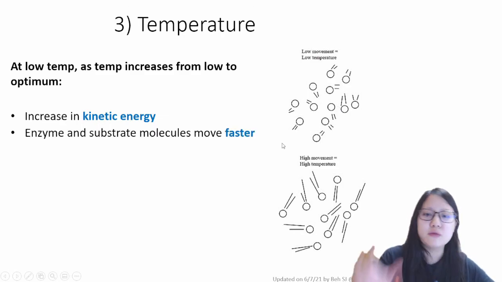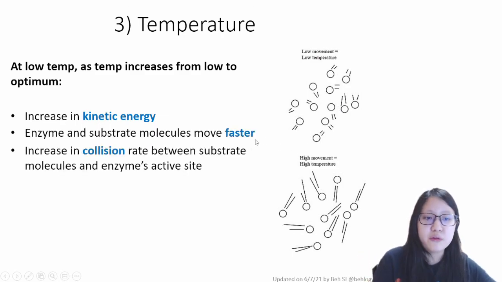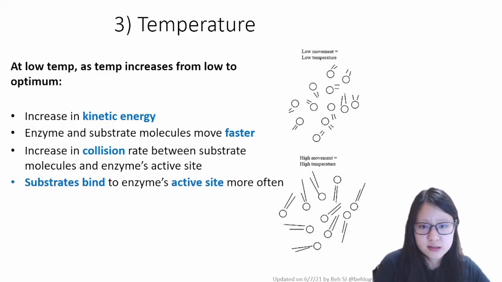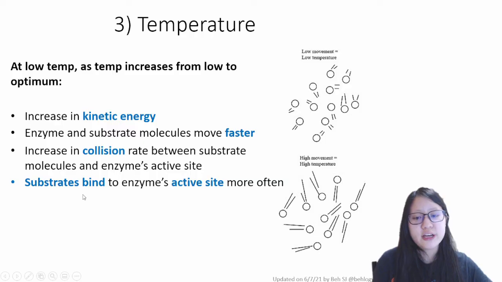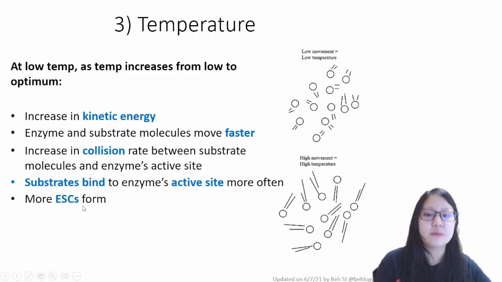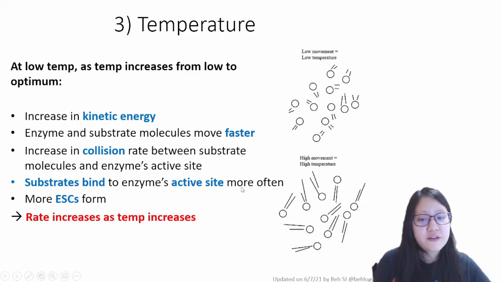At high temperature, it moves kind of fast. Therefore, there's an increase in collisions, and substrates can bind to active sites more often and more enzyme substrate complexes can form. And therefore, from low to optimum temperature, rate increases as temperature increases.